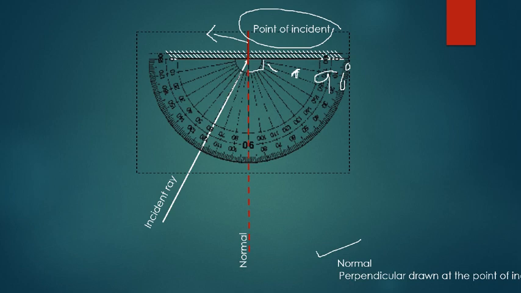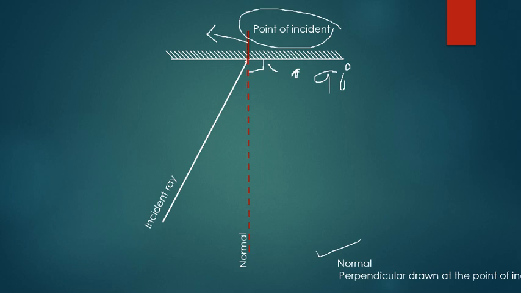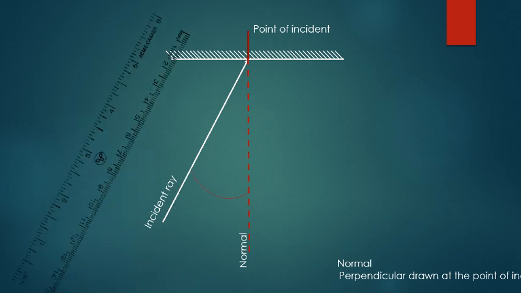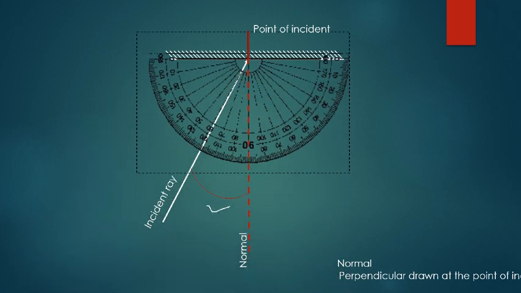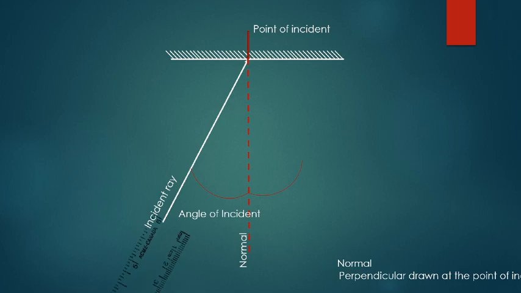Now keep your protractor back and find out the angle here. Locate the exact angle. Suppose you measure from here to here, it should be the same angle on the other side, and then you have to make a point and draw the line. That is what you have to do.